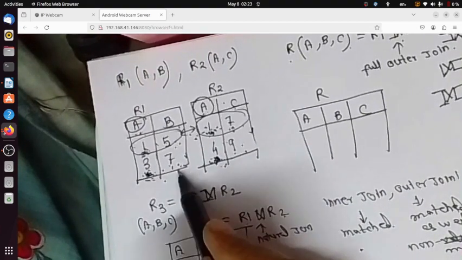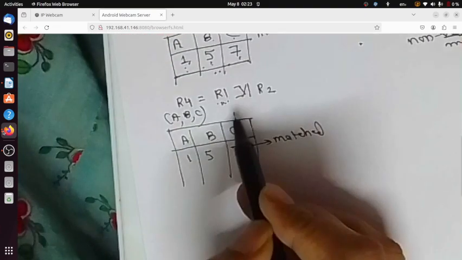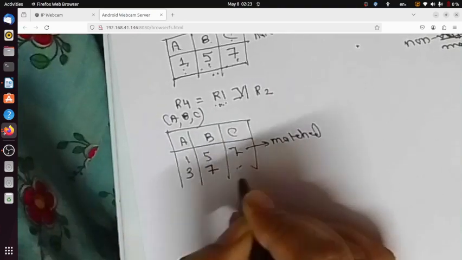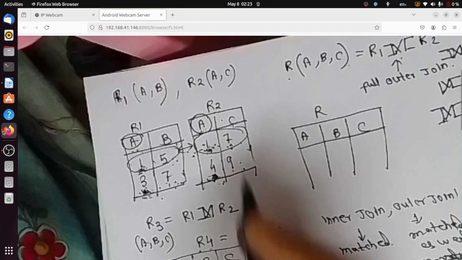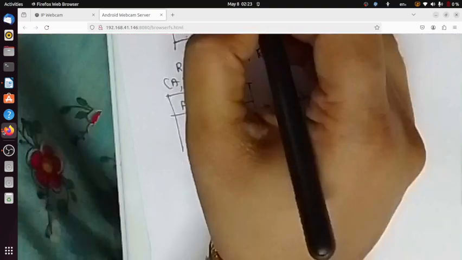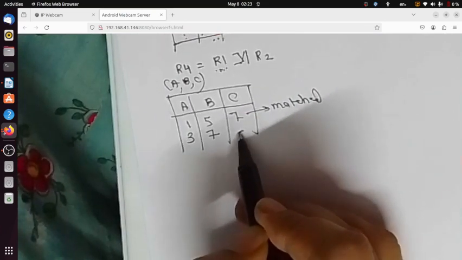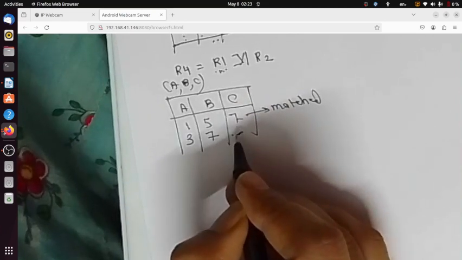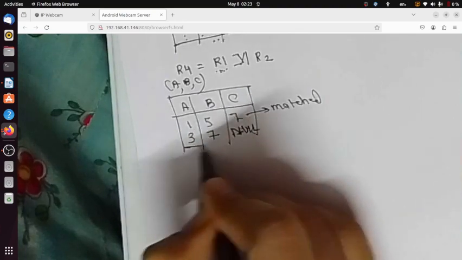So A will be 3 and B will be 7, but it has no matched record in R2, so we will not get any value for C. The entry for the C column for this non-matched record will be null.